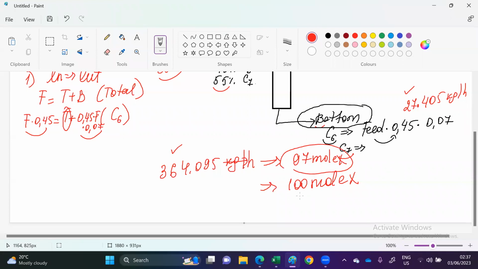How will we do that? We multiply it and divide by 97.